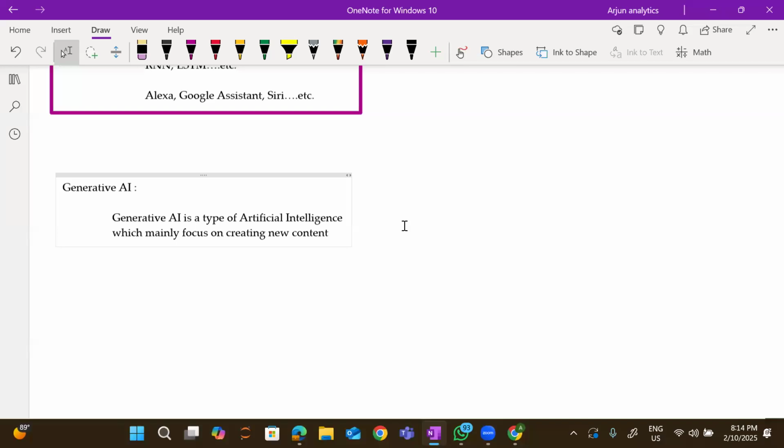For example, it can generate new images and new text, or audio files, new music, etc. Now I will show you something, and you will be literally surprised.